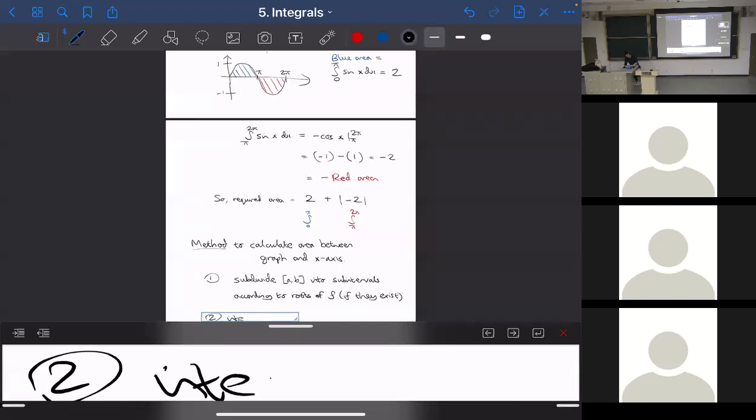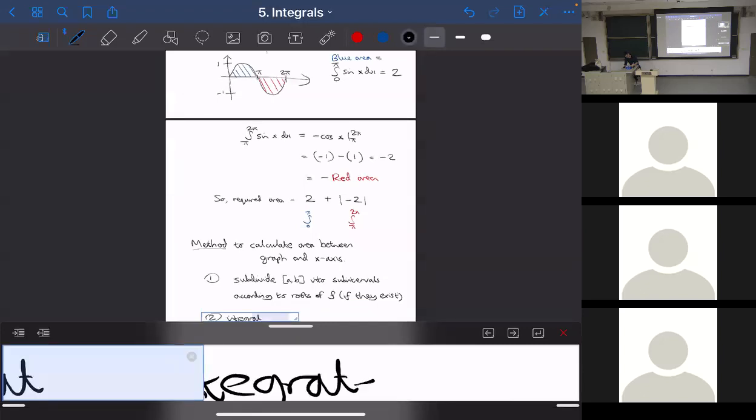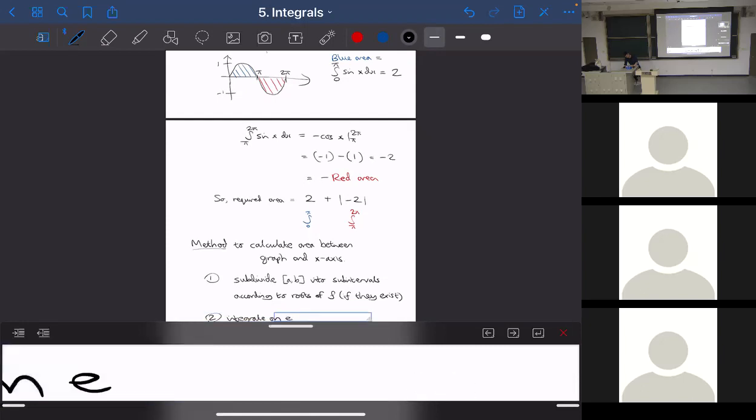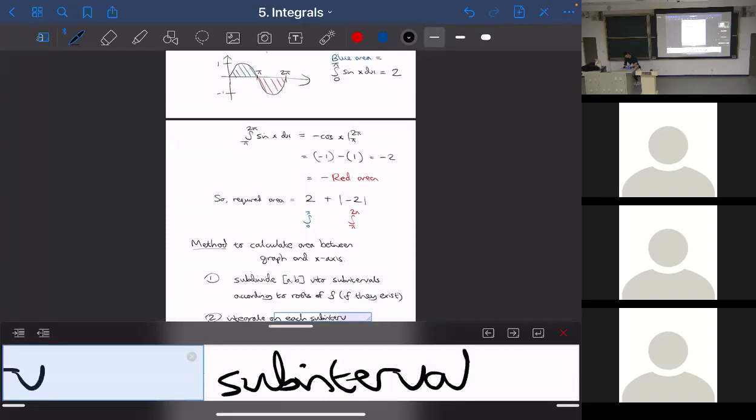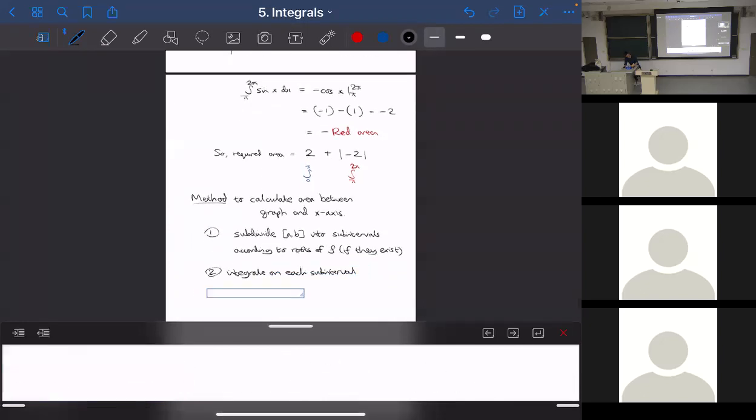And 2, we integrate on each subinterval. And then 3, we sum the absolute values.